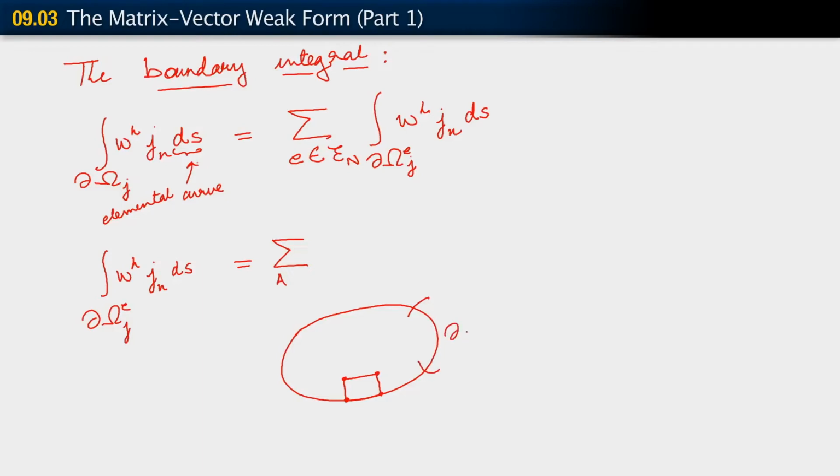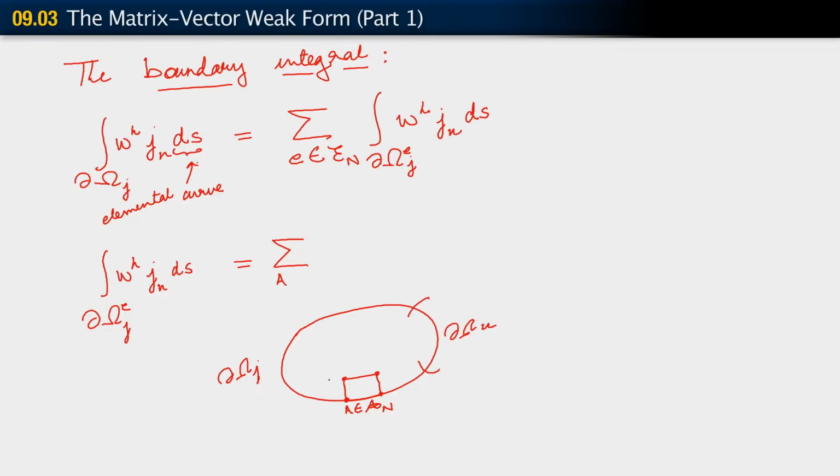If this part of the boundary were the Dirichlet boundary and this part were the Neumann boundary, it's only this node A, or that degree of freedom, which belongs to the set of Neumann boundary nodes, which we called A sub n.